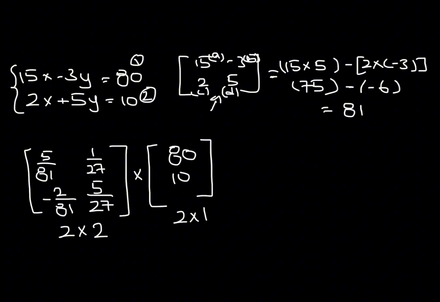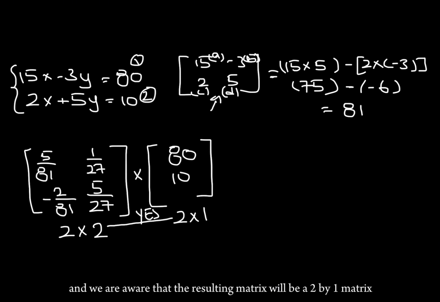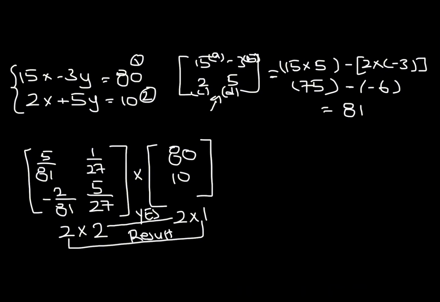Let's check. The number of columns of the first matrix is equal to the number of rows of the second matrix. This means that yes, we can multiply the two matrices, and we are aware that the resulting matrix will be a 2 by 1 matrix. So let's go ahead and multiply these two matrices.